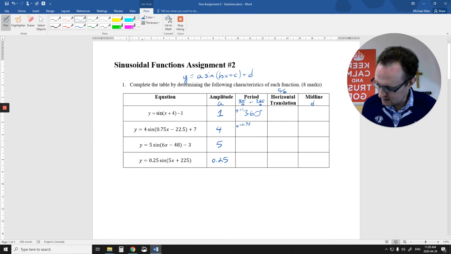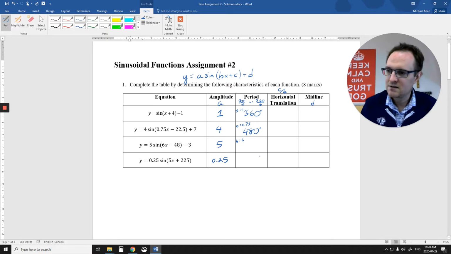I think I did this previously in a previous assignment. So 480. Here my B value is 6, so it's 360 divided by 6. So 60 degrees. And this one here, my B value is 5, so 360 divided by 5. 72.